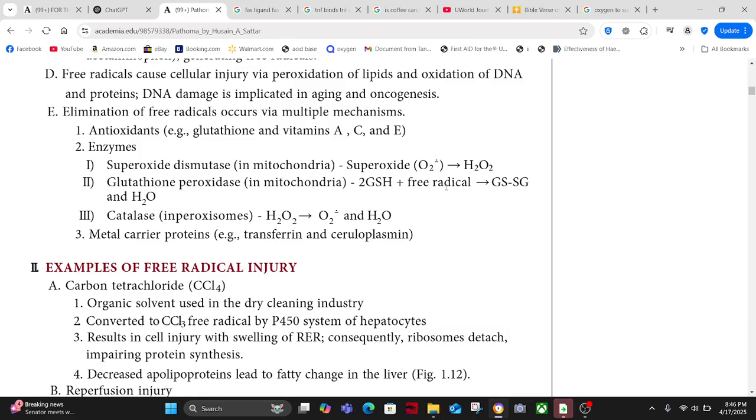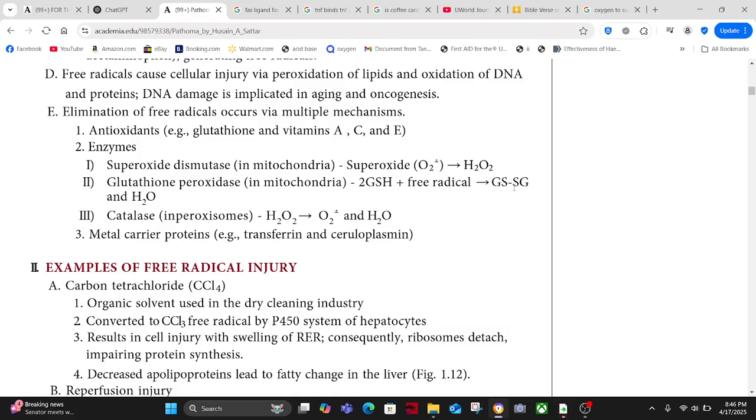So you see this free radical right here? Glutathione peroxidase comes and gets rid of this. The goal of glutathione peroxidase is to get rid of the free radical so that it can make the oxidized glutathione and water.